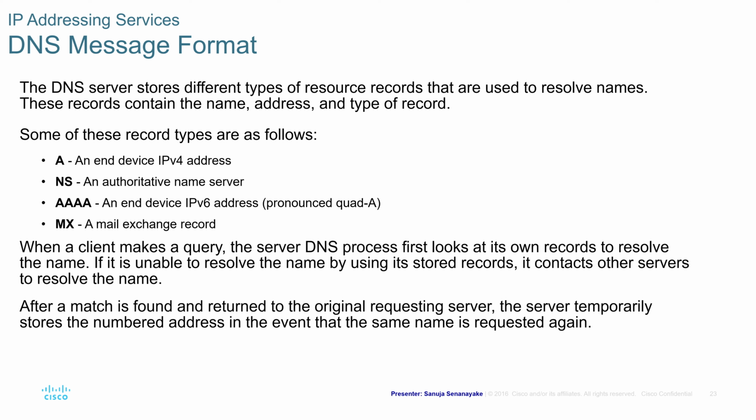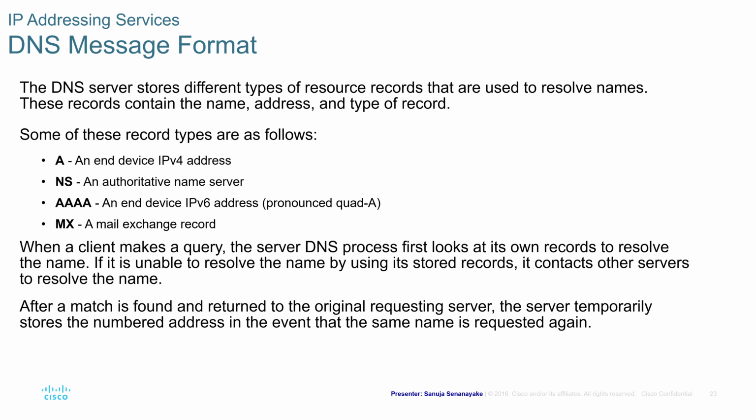A is an end device IP address. NS is authoritative name server information, AAAA is an end device IPv6 address, and MX is a mail exchange record. So if you have email information associated with that particular server or domain name, that's where the MX records come into play.